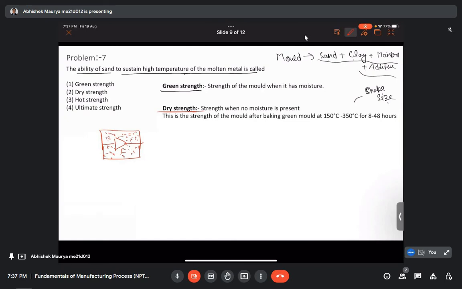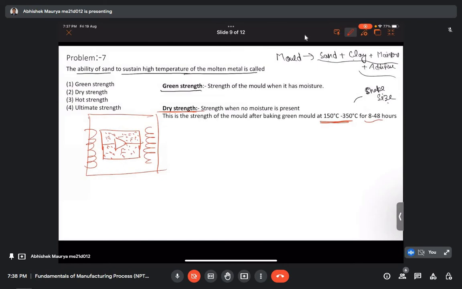So what we do, we take the mold, this is the mold, and we put it inside a furnace. Suppose it is an electric furnace, and we maintain the temperature between 150 to 350 degrees Celsius, and we bake it for 8 to 48 hours.